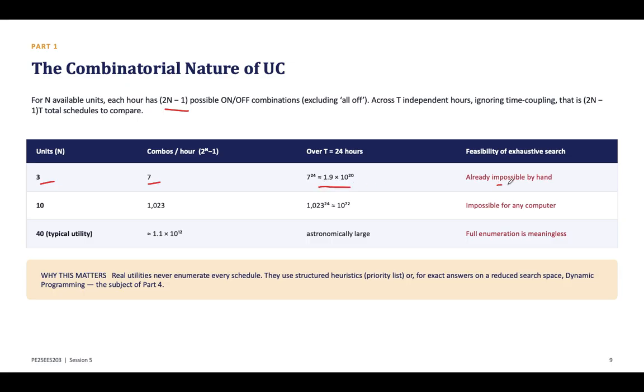Already impossible by hand, right? When it comes to 10 units, you will be having these many combinations, and just look at this number. Can you even read it? Impossible for any computer. For a typical utility with 40 units, this is the combination you will be having approximately, that is also an astronomically large number. Full enumeration is meaningless.